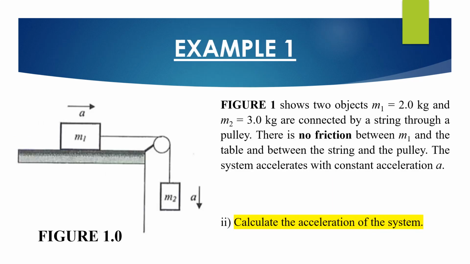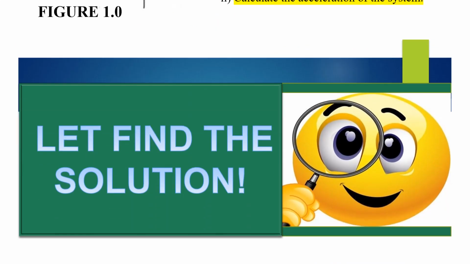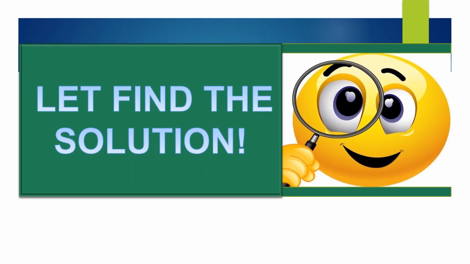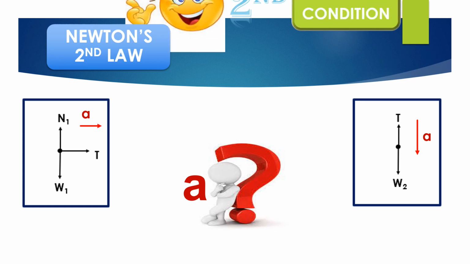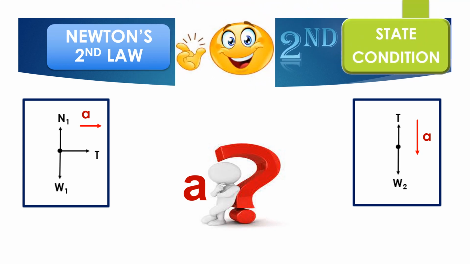Next, we go to question number 2. Calculate the acceleration of the system. Okay, let me find the solution. Because the question asks about acceleration, first we need to state the condition.